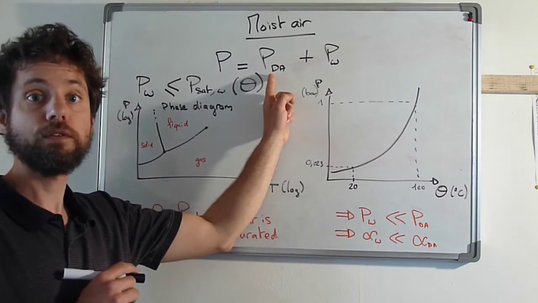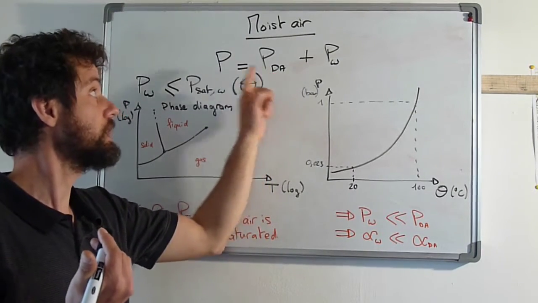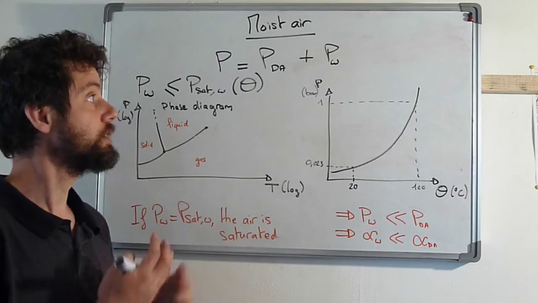The partial pressure of dry air is equal to the molar fraction of dry air times the total pressure, and this is the same for the partial pressure of water.